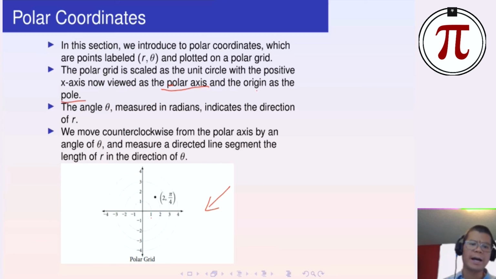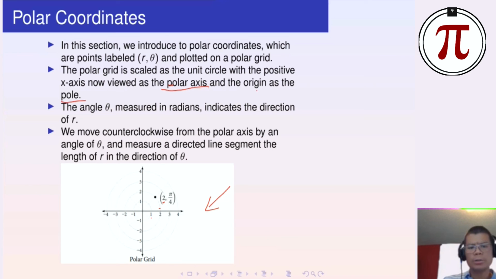And then you also have an angle for any point in these coordinates. For instance, I have this 2 on the polar axis, so it is on the same circle as this 2. The distance from this point to the origin, which is the pole, is 2.